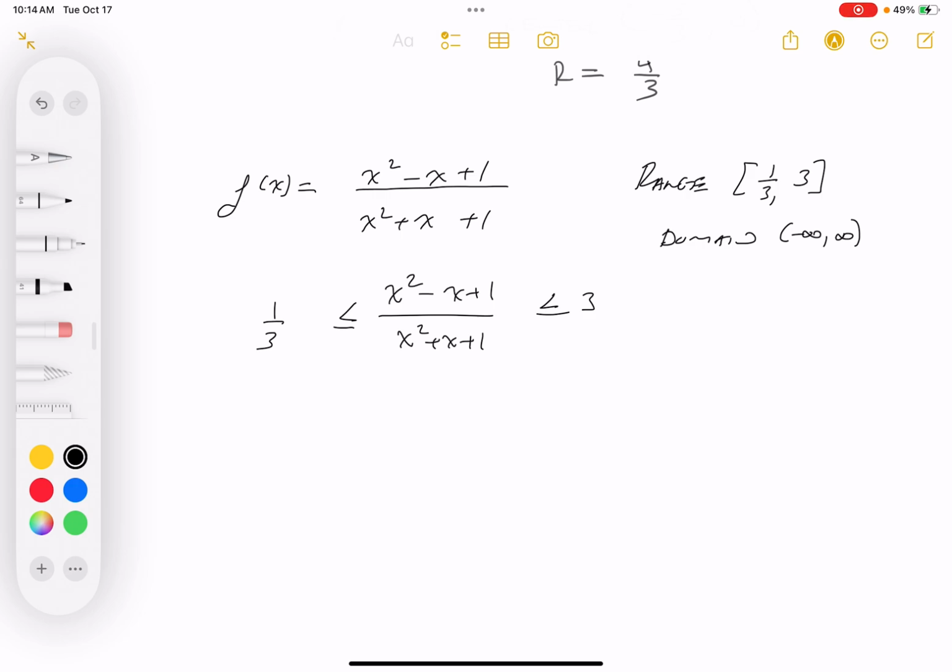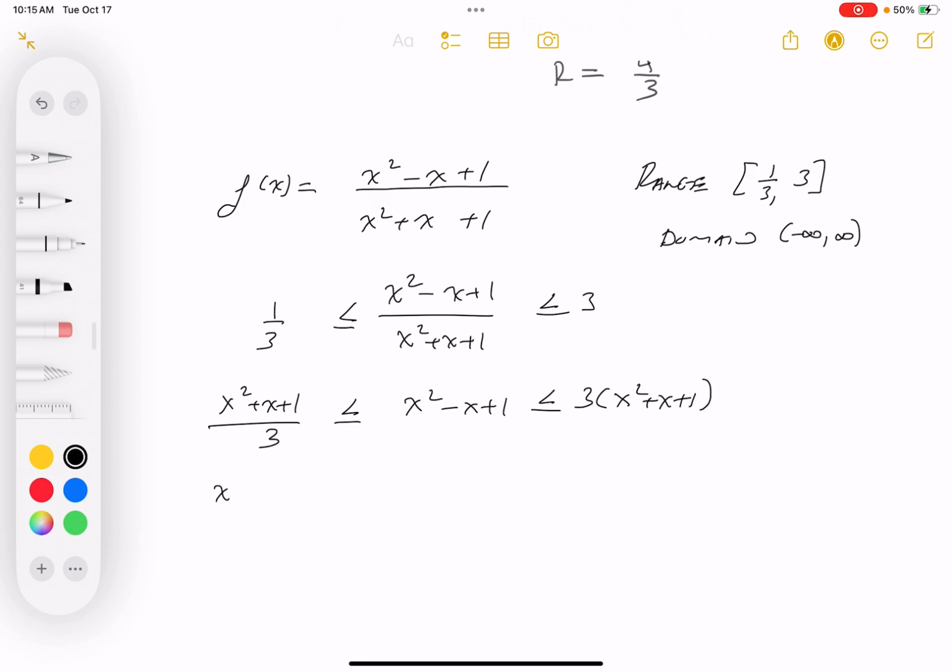Now, since this x squared plus x plus 1 is positive, I can multiply all 3 sides of the inequality by that. And what do you get? You would get (x squared plus x plus 1) over 3, then x squared minus x plus 1, and over here 3 times (x squared plus x plus 1). I still don't like the fraction, so I multiply all sides by 3.